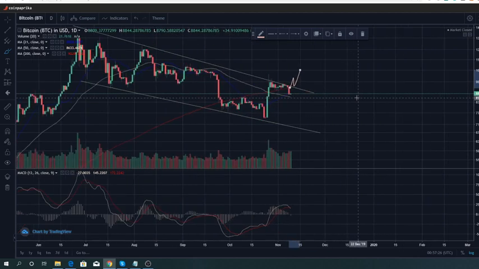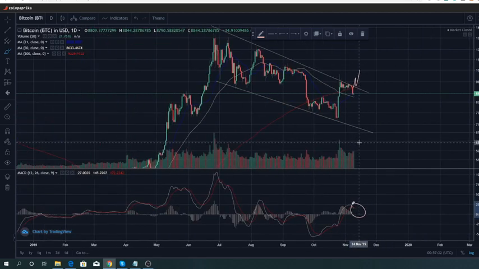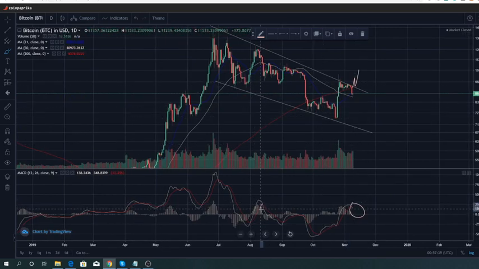But at the same time, what we have to look at here is, in MACD we got a downward cross. So that's not always good news. But if we compare that, say this was the previous cross, and at the same time the price was here.